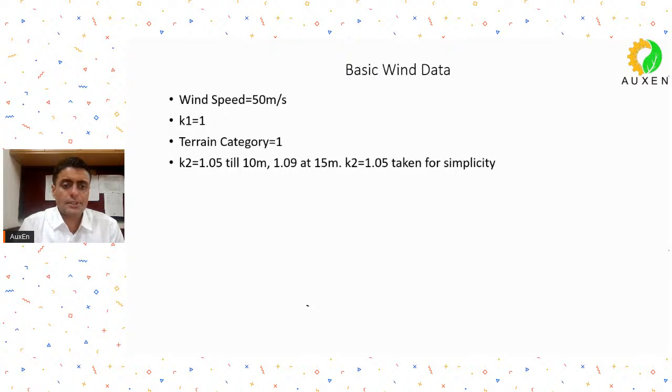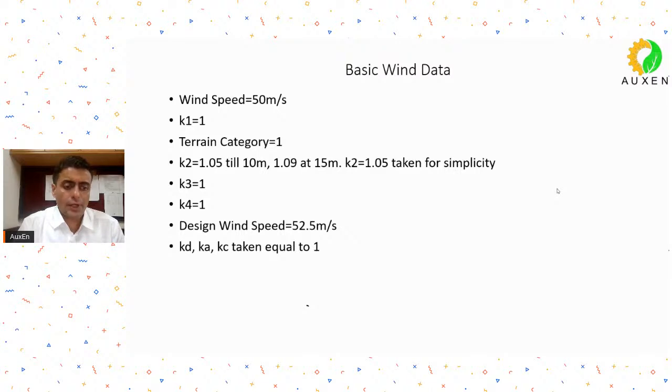But in this discussion, we will take 1.05 as the K2 for the sake of simplicity. K3 is 1, K4 is 1. The design wind speed therefore will come out to be 52.5 if I multiply K1, K2, K3, K4 into the basic wind speed.